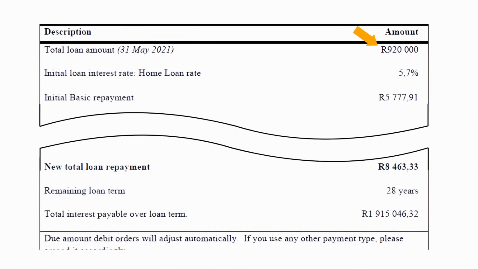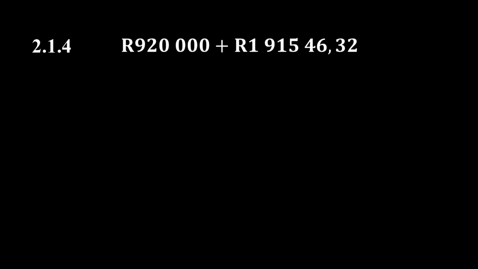This means that the total amount that will be repaid to the bank at the end of the loan term will be the total loan amount of 920,000 Rand plus the total interest payable over the loan term of 1,915,046 Rand 32 cents. This will give us a total amount that will be repaid to the bank of 2,835,046 Rand 32 cents.